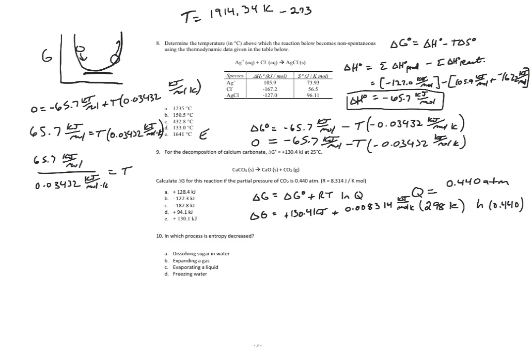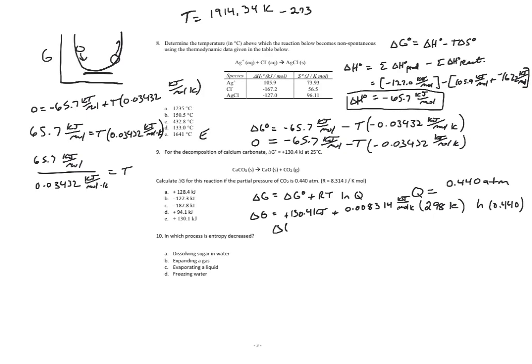Now remember, your K and your Q, they do not have units. So once we define Q, we don't have to keep that atmosphere unit any longer. So now we can just go ahead and calculate what this value is for delta G.